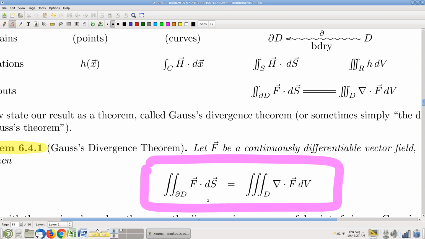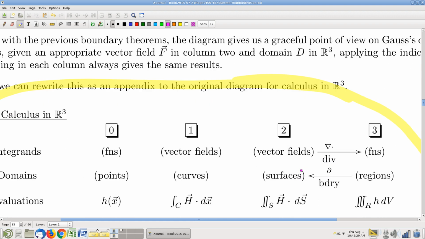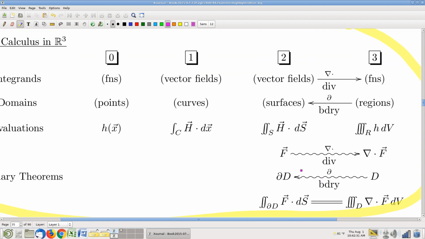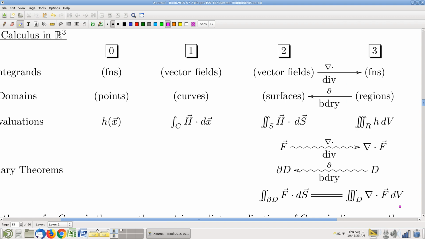And seeing that on the diagram, just to remind you that the diagram chase works again just like it did in the previous context. What we did here is we started with a three-dimensional region in R3, talked about its boundary.